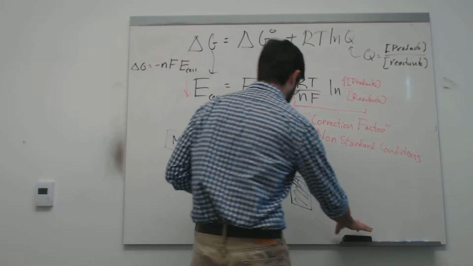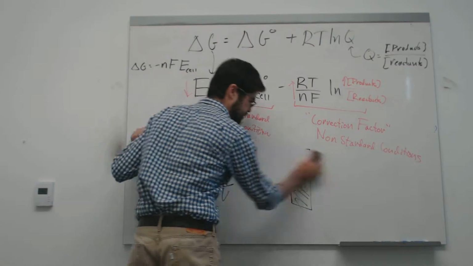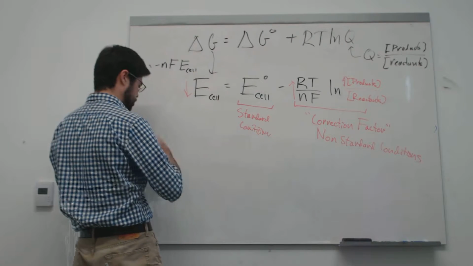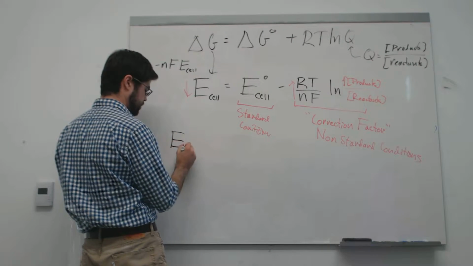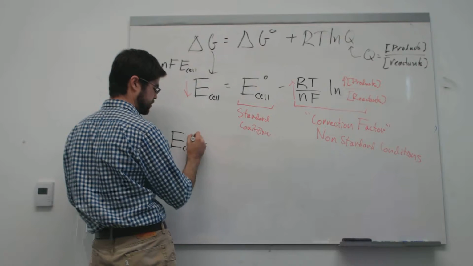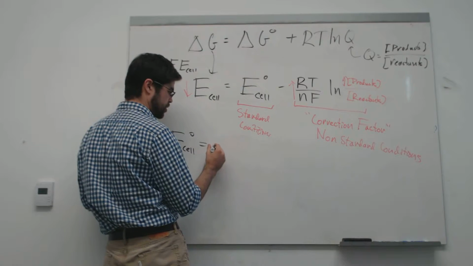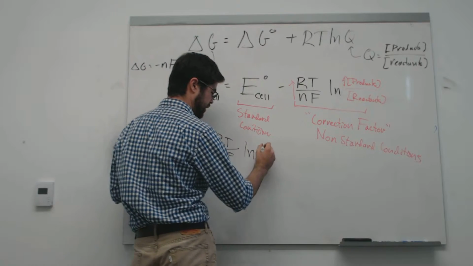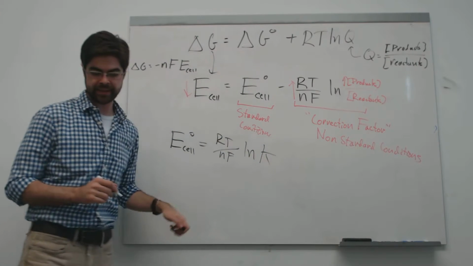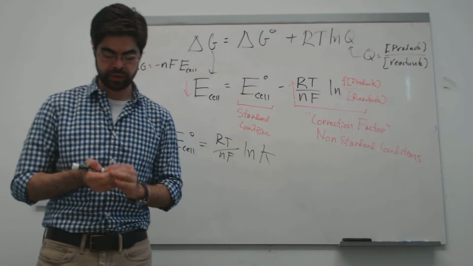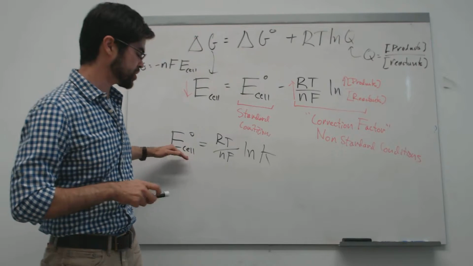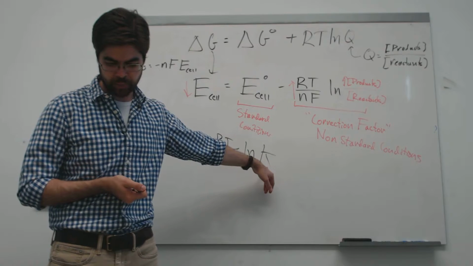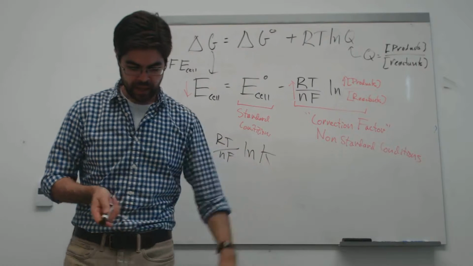This relationship that I presented to connect the equilibrium constant with the cell potential, so I said the cell potential under standard conditions should be RT over NF natural log of the equilibrium constant. That is specifically trying to relate standard cell conditions to what the concentrations would be at equilibrium.